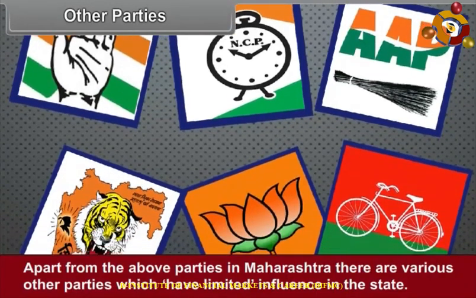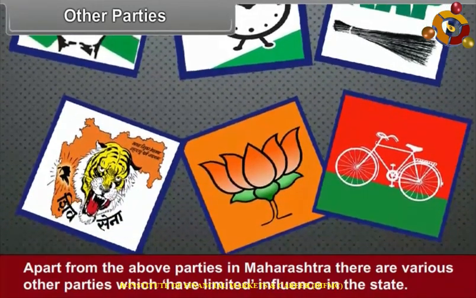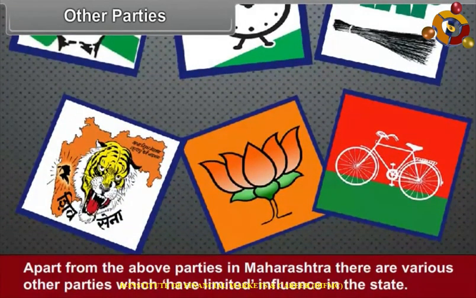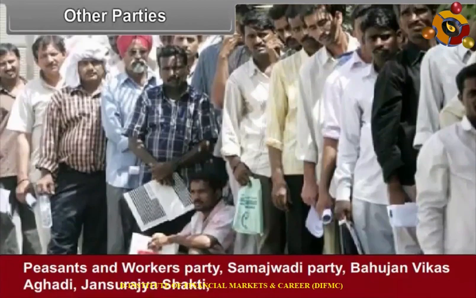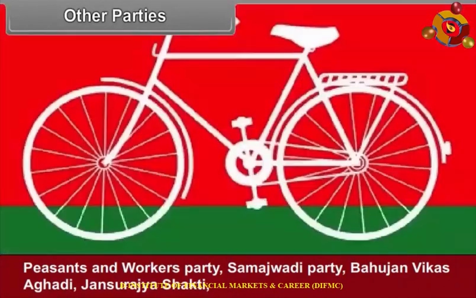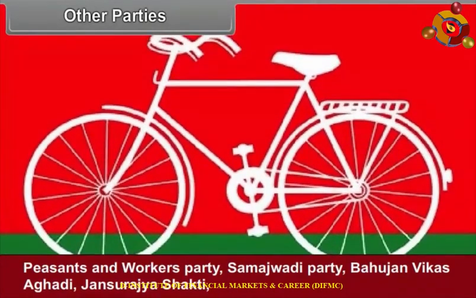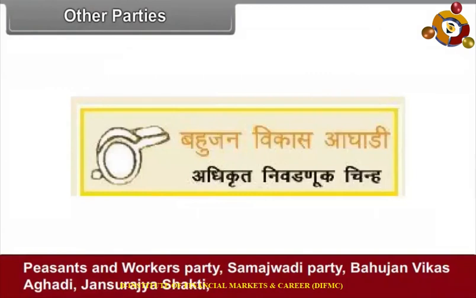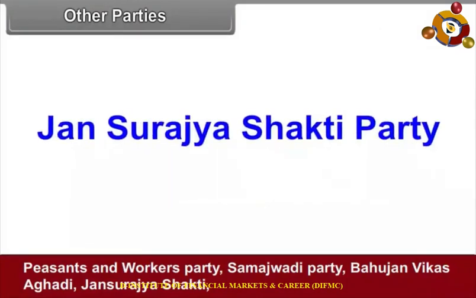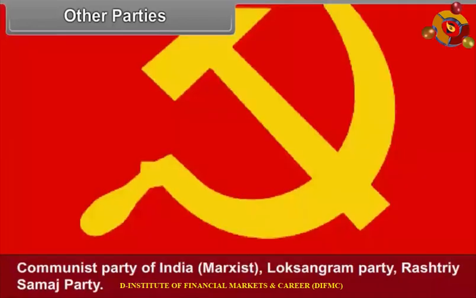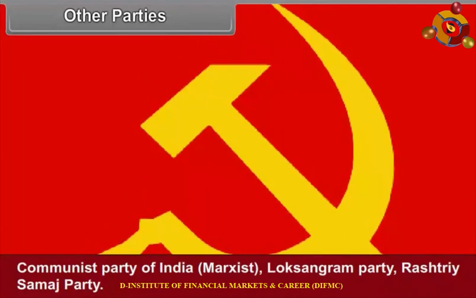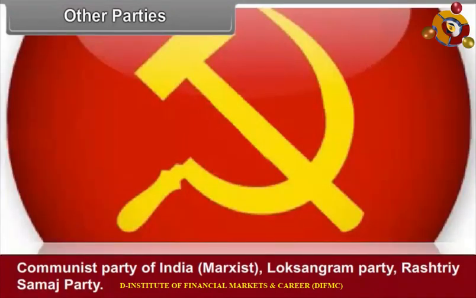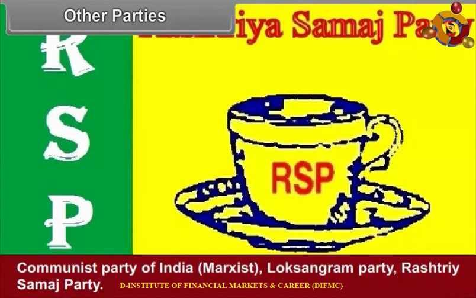Apart from the above parties in Maharashtra, there are various other parties which have limited influence in the state. Peasants and Workers' Party, Samajwadi Party, Bahujan Vikas Aghadi, Jan Surajya Shakti, Communist Party of India (Marxist), Loka Sangram Party, Rashtriya Samaj Party.